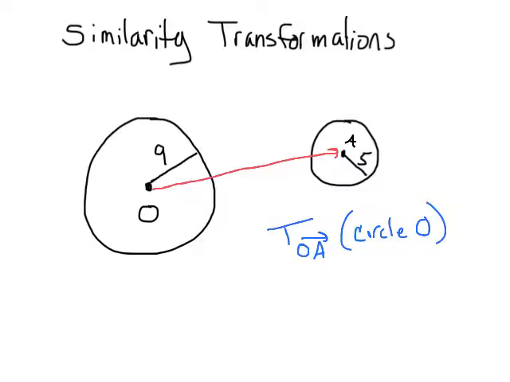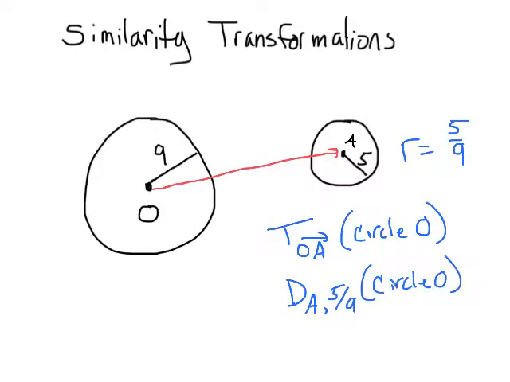I'm going to dilate, and since I'm making the circle smaller, my scale factor is going to be 5/9. It's always the ratio of the radii. So my second transformation, I'm going to dilate about A, because now they're both on A, with a scale factor of 5/9, and that's going to be circle O.